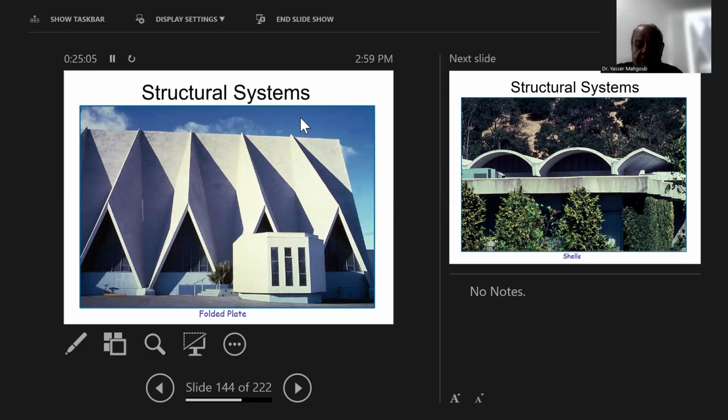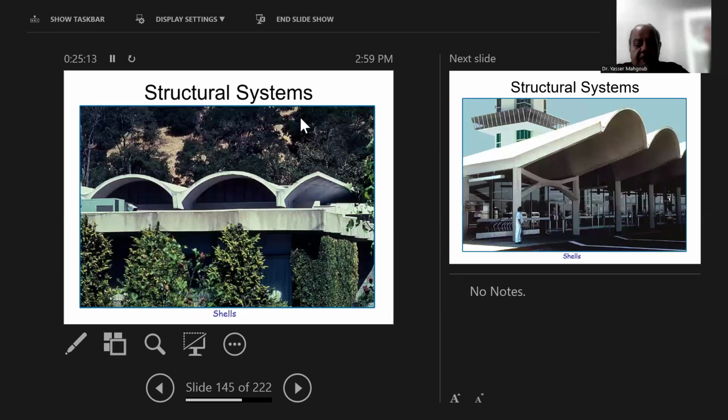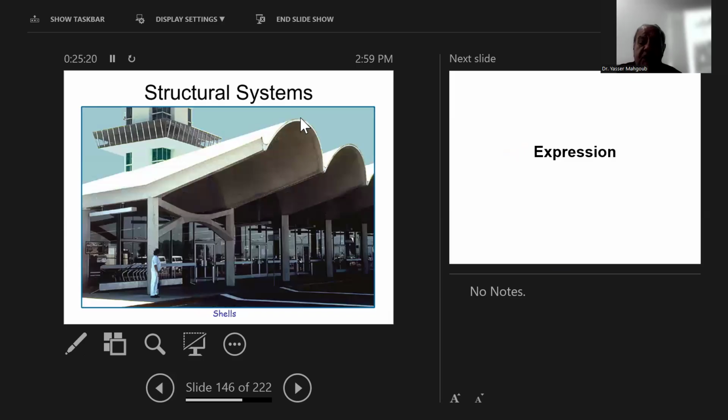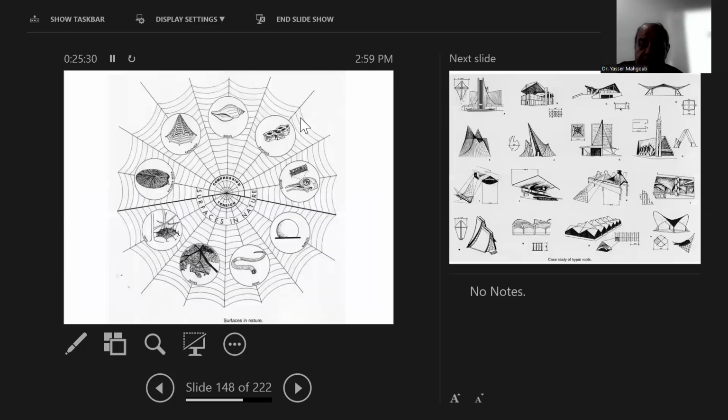So the appearance of the building from the outside is very impressive. The shells are also useful for large areas, parking areas, and so forth. So you can cover this with shells.